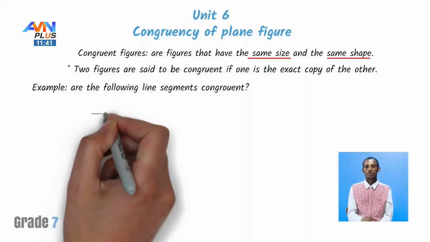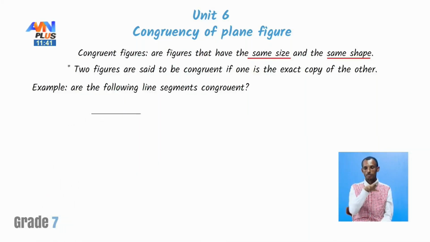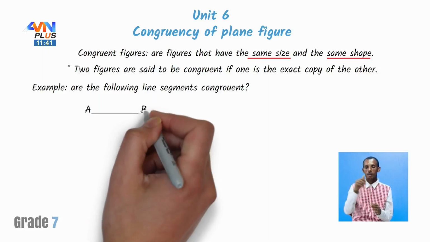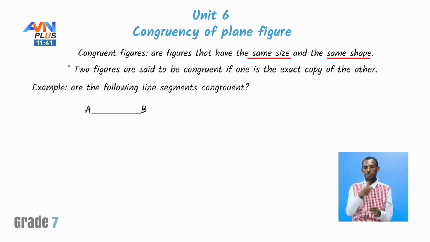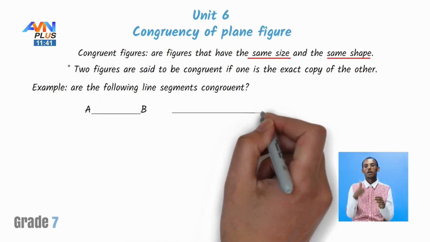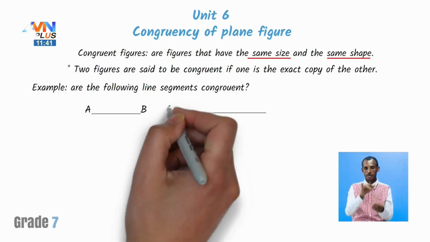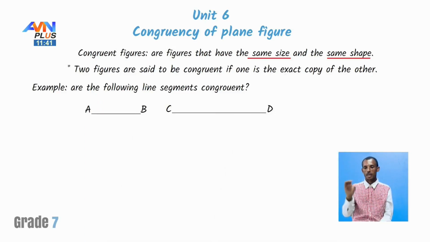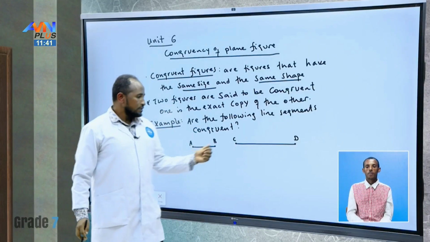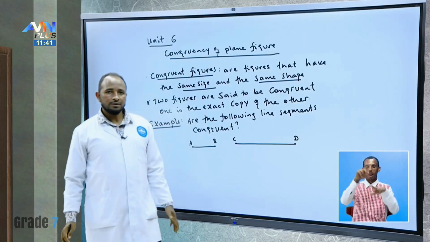This line segment is given, and let's name it AB, and the other line segment is given here. It is CD. Are these two line segments congruent?